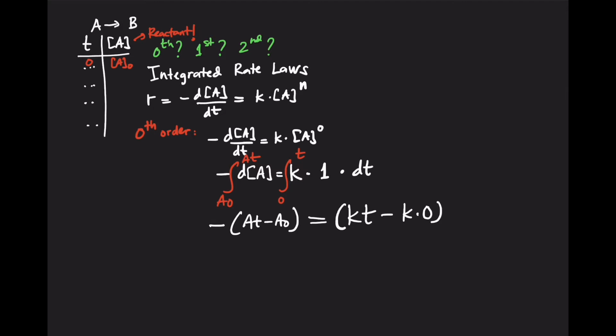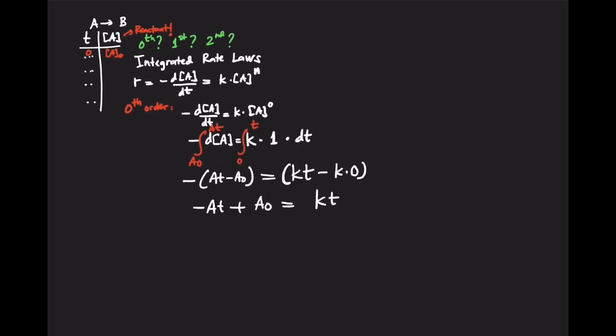So what we have is minus At plus A0 is equal to kt. Or we can also write this down so that we can find the formulation of At, which is At is now going to be equal to A0 minus kt.